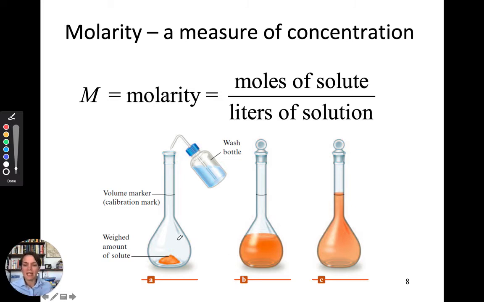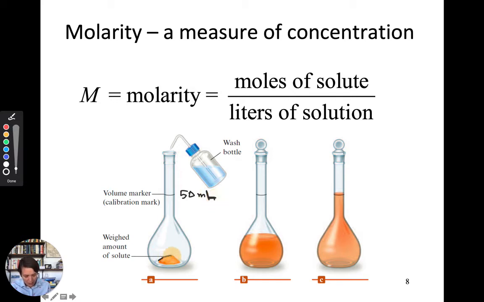So when we make a solution, one of the most useful tools is called a volumetric flask. So let's say this is a 50 milliliter volumetric flask. They come in a ton of different sizes. This would be our volume marker, which, for a 50 milliliter volumetric flask, would be at the 50 milliliter line.